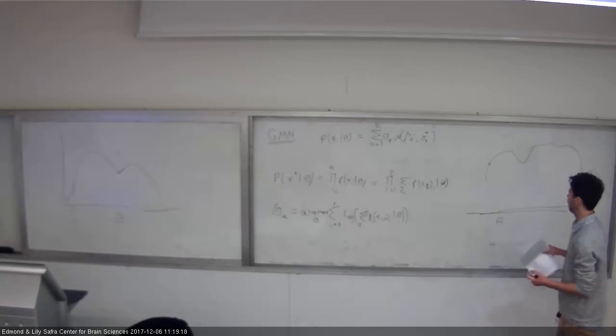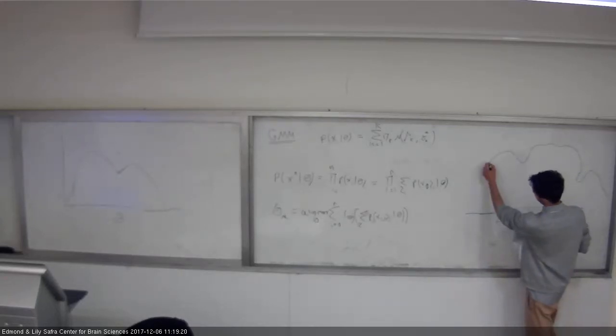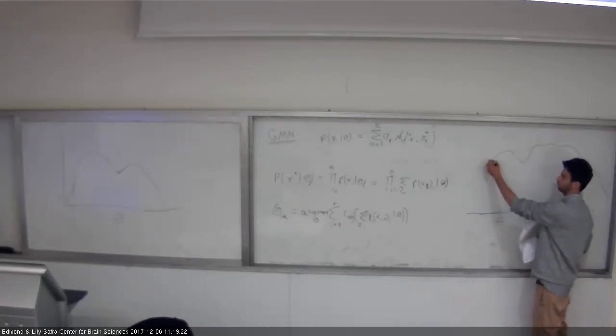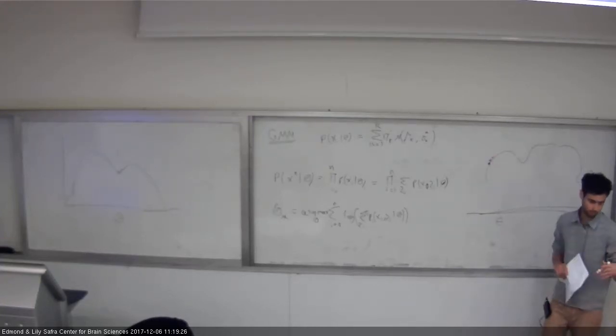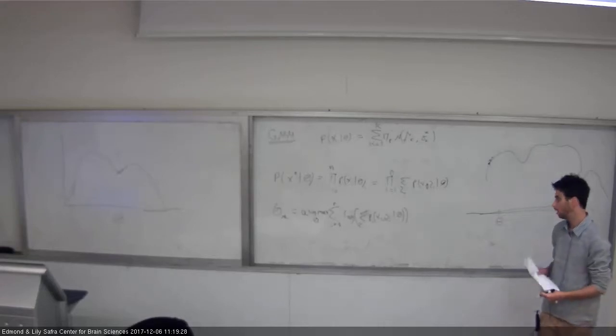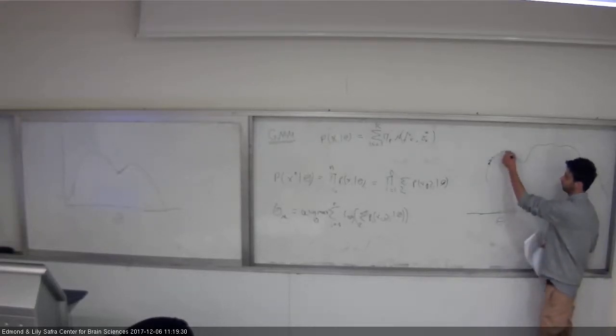So for example, from this point, the gradient will be in this direction, and I do it in iterations, and I will converge to this point.